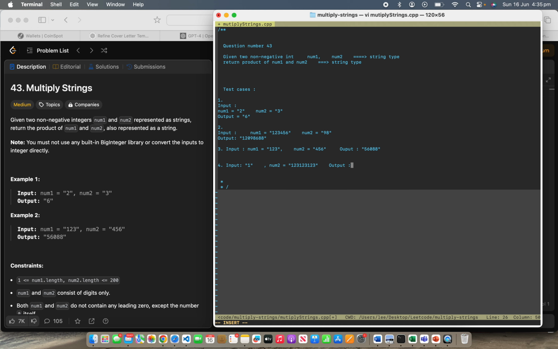So the output should be the same, right? And some other input: number 1 is equal to 0, number 2 is equal to 2233. Output should be 0. Okay.